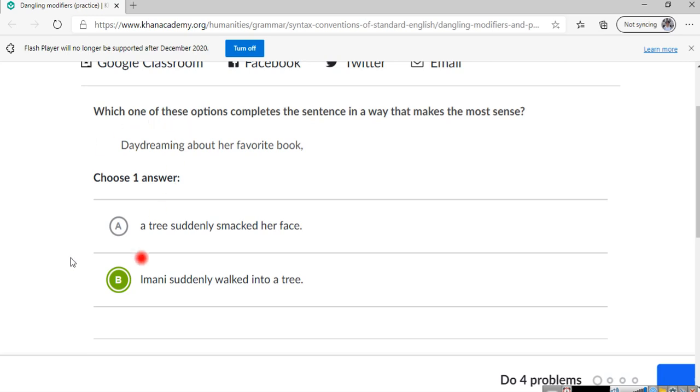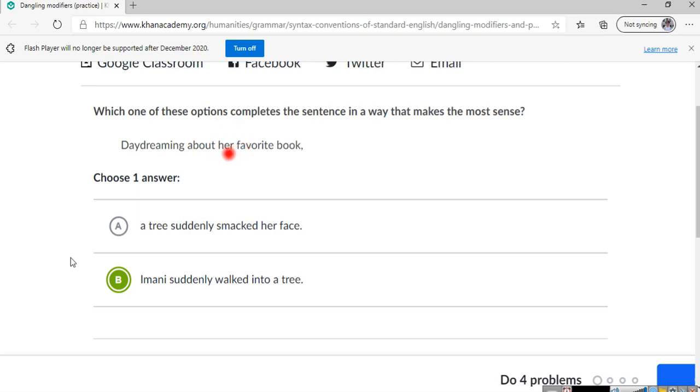Now we have a clue. This is probably a foreign name, so we're probably talking about a person. So why do you think this is the correct answer? Because in the modifier, they make a reference to a woman, her. So the logical thing would be to continue the sentence speaking about this person.